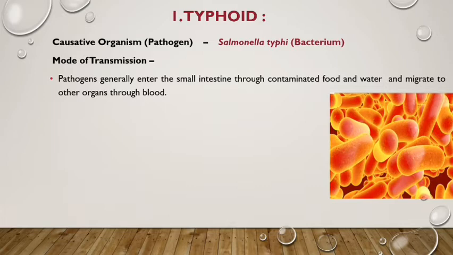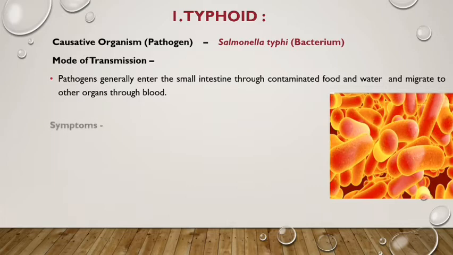And your drinking water should be very proper. If you take care of your food and drinking water, and maintain the hygiene, then the pathogen will never enter your body. But if unfortunately it enters your body, then their target is always the small intestine of your body, and from the small intestine they will migrate to the other organs of your body through the blood stream.